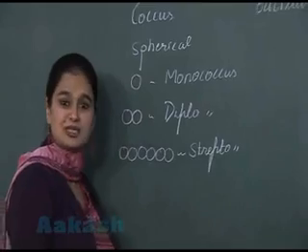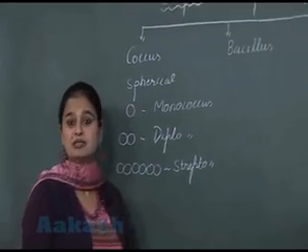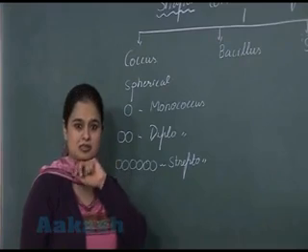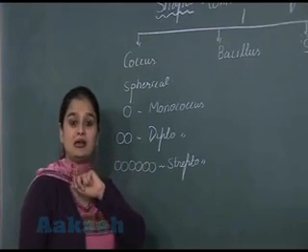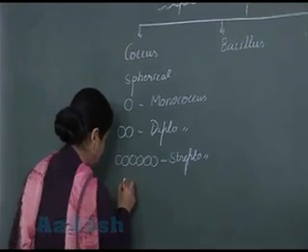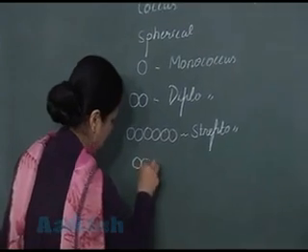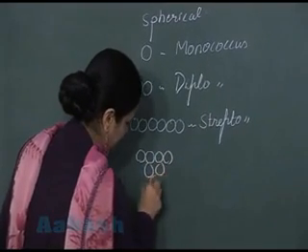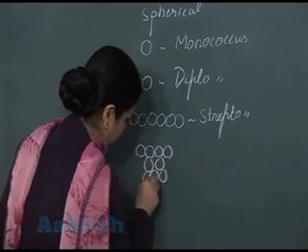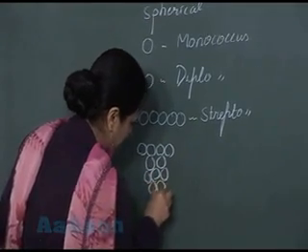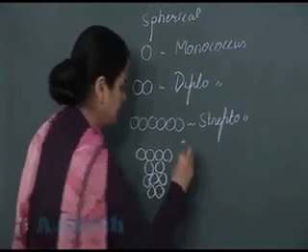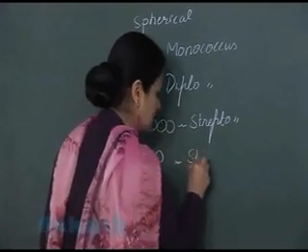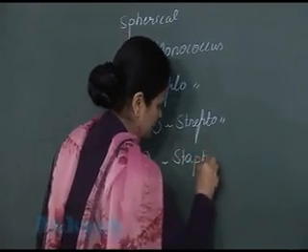Now sometimes these bacteria are present in the form of irregular bunches like this, giving the appearance of a grape cluster. This type of bacteria is known as Staphylococcus.